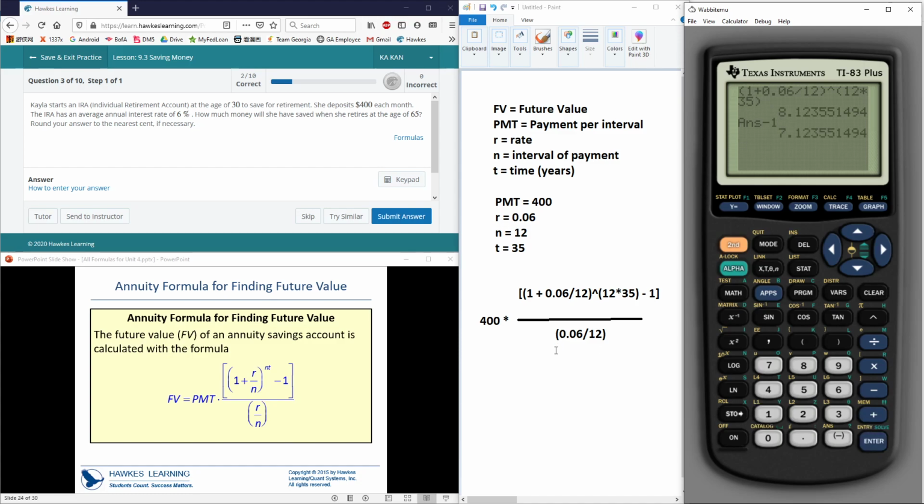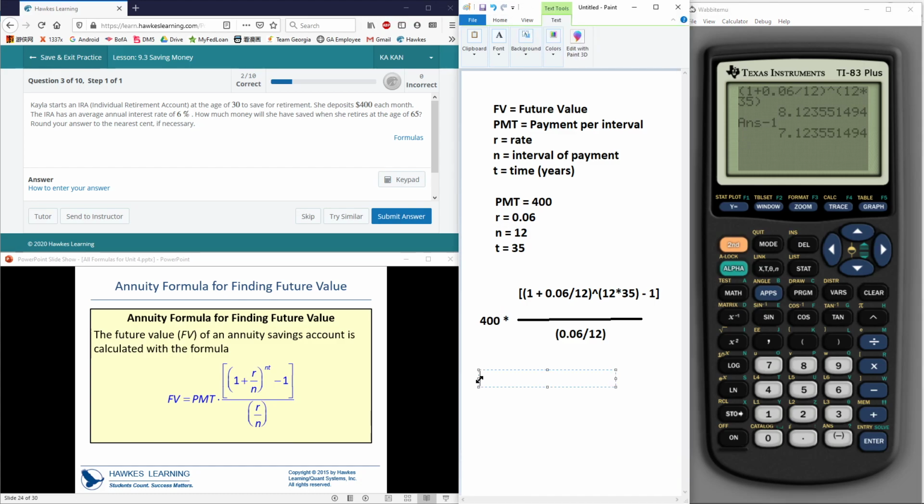So I know the top is this, which is 7.1236. I just rounded to 4 decimal places. You probably don't need that many, but that's just easier for me.